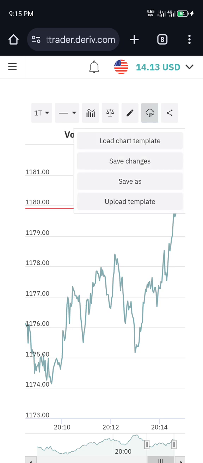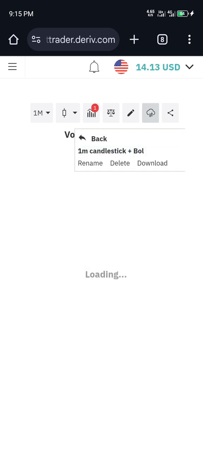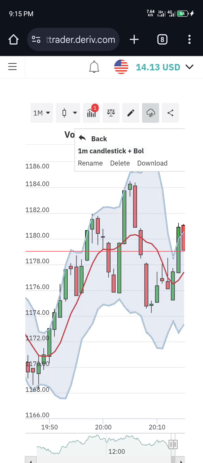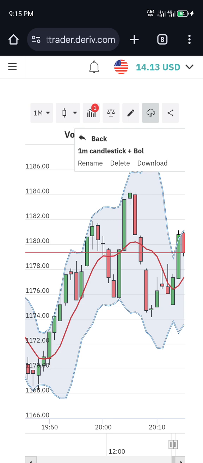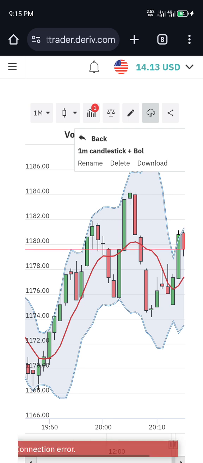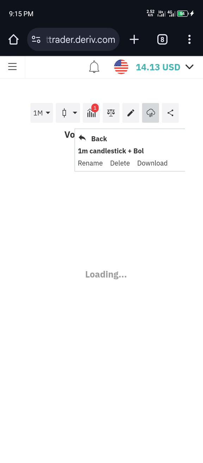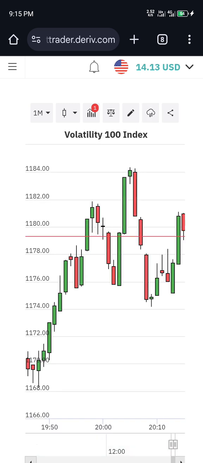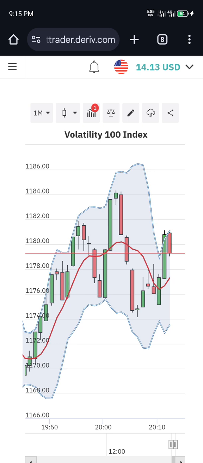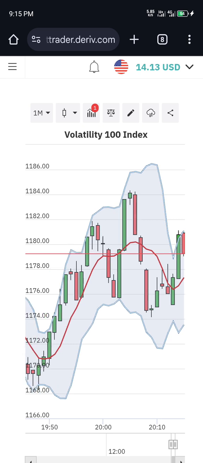It's trying to retrace here. Let me see from the candlestick and Bollinger setup. I think we have a short retracement there, but we need a confirmation candle to form. I need a confirmation candle.